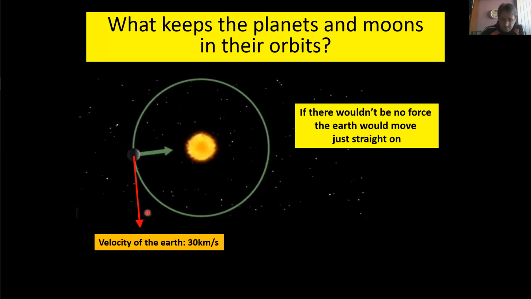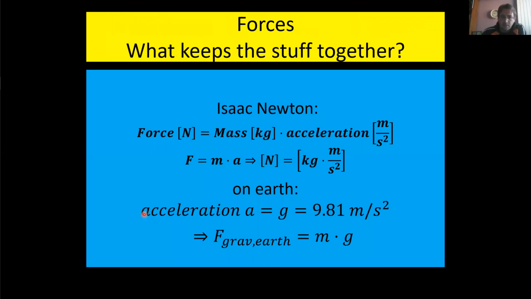So we have some kind of gravitational force. There is no discussion about that. And then Newton would say that force equals the mass multiplied with acceleration. So we have two things entering, the mass as well as the acceleration.